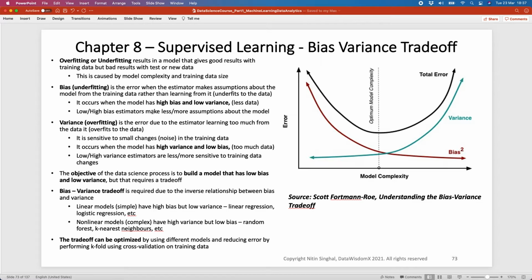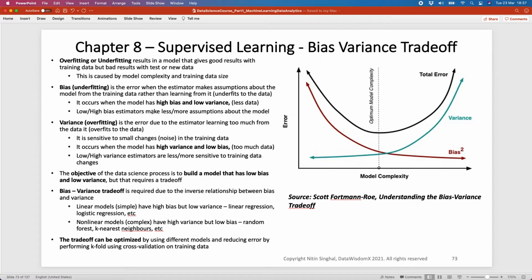But when you test it using the test data, it'll give you bad results and the metrics will be poor. That happens when either your model is too complex or your training data size is insufficient. So it could be small or large depending on the complexity of the model. These two things impact the overfitting and underfitting of the model to the data.